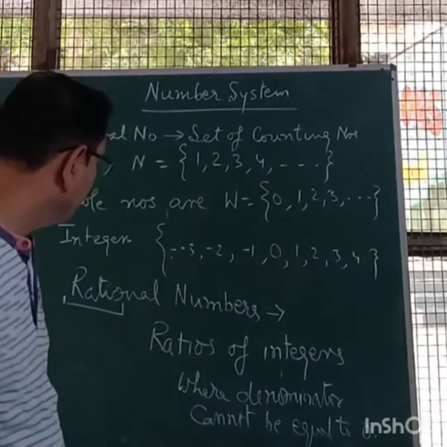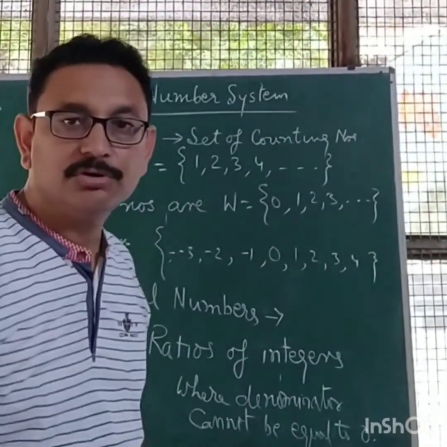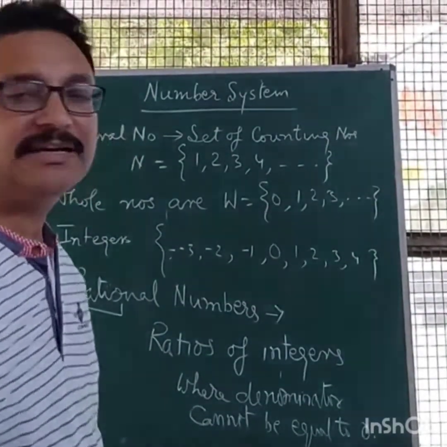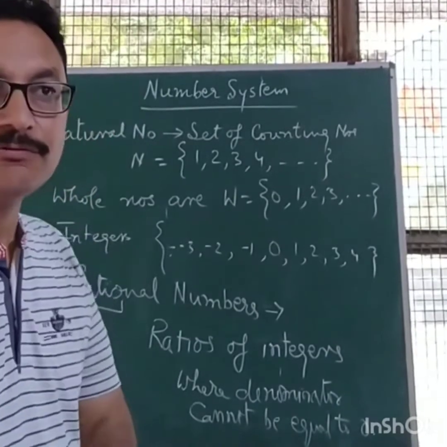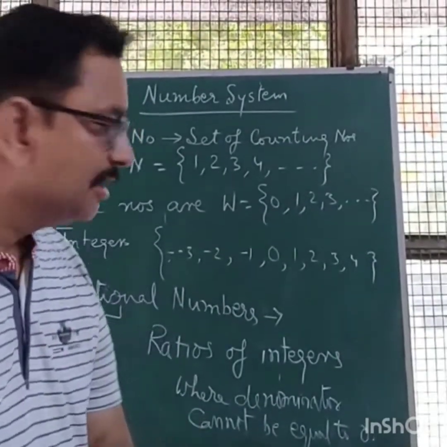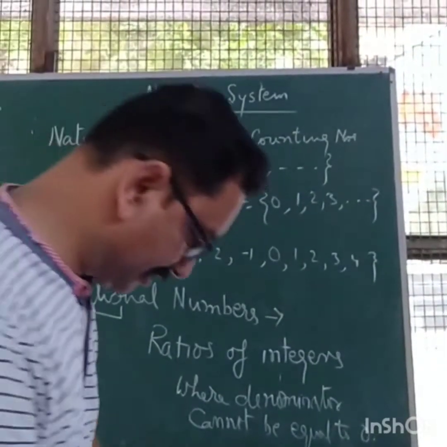In class 9th we also introduce decimal expansion of rational numbers. Rational numbers have two types of decimal expansion. First of all, let us understand the meaning of decimal expansion.